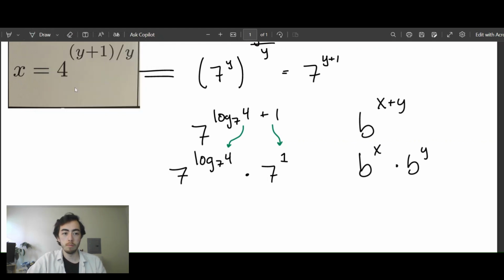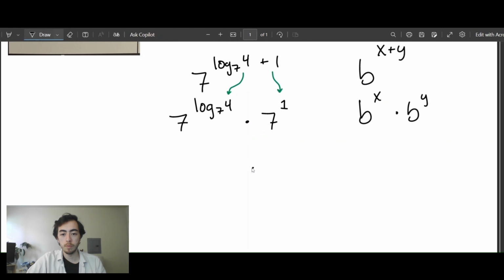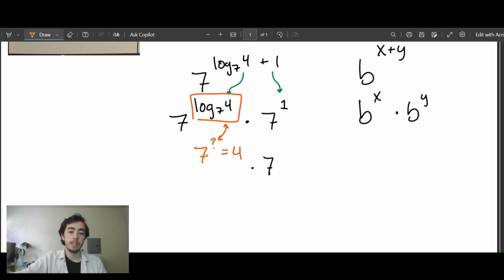7 to the power of 1 is fairly easy. That's just a 7. This one's a little bit weirder, but I know that this is just the number 4. This number is whatever number I need to put here as an exponent on 7 to equal 4. So whatever this question mark is the same value as the number in that box. 7 to some exponent could equal 4.